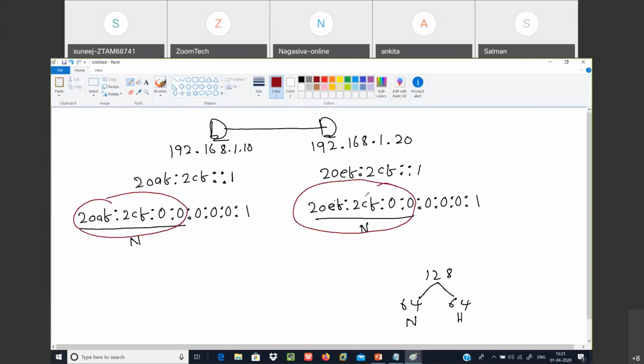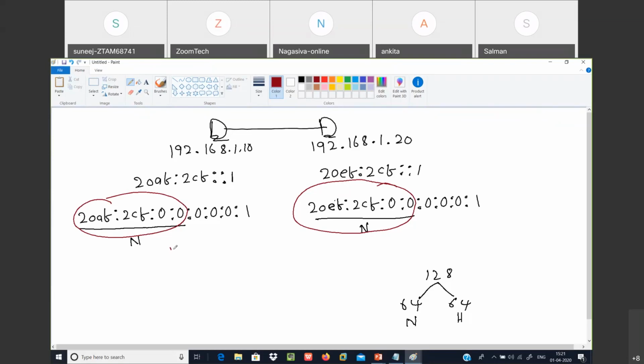No. So like this, we can understand IPv6 address logic clearly. Whenever you're working with IPv6 addresses, make sure that for all computers in the LAN, the first 64 bits, I mean the first 4 quartets, are the same for all devices in your network.